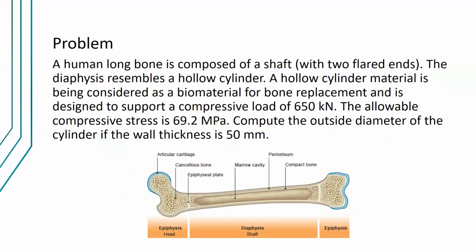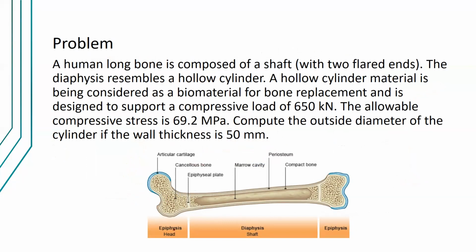Now let's solve some problems involving stress. You have here the human bone, which is composed of a shaft with 2 flared ends. We call this part the diaphysis, and the flared ends the epiphysis.